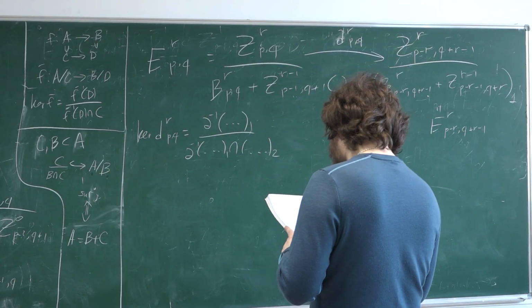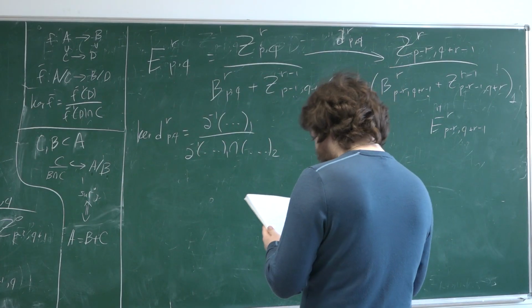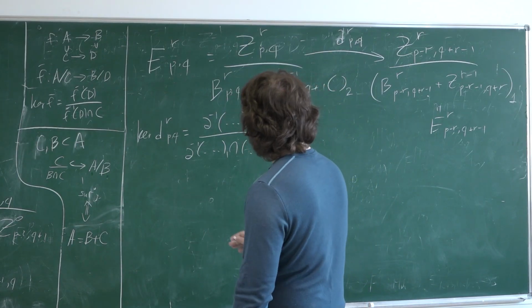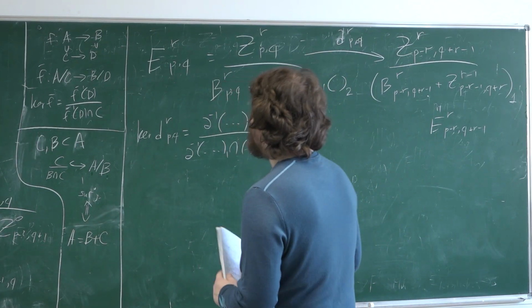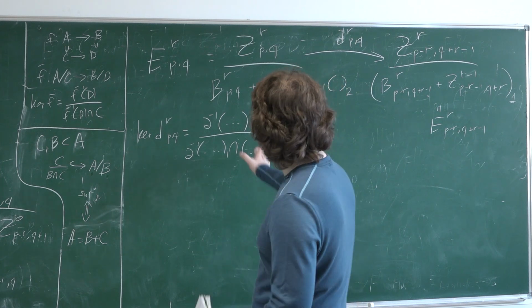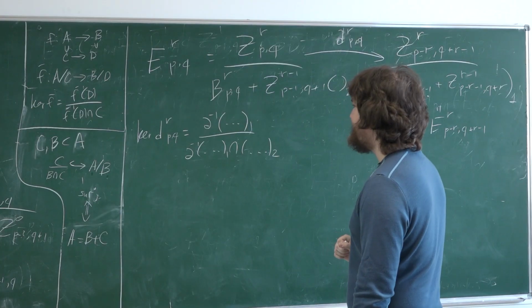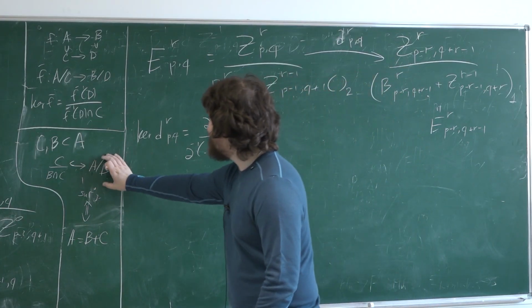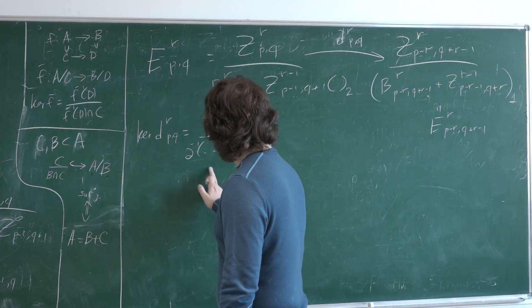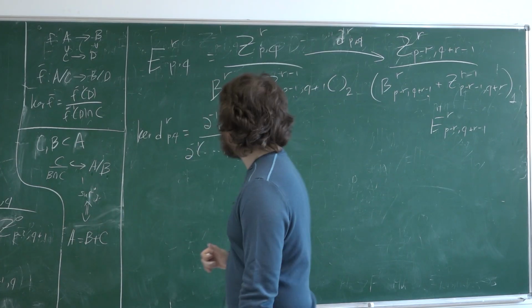Okay. In our situation, I have this quotient of this form. I want to consider some smaller quotient, which is in fact the same quotient.